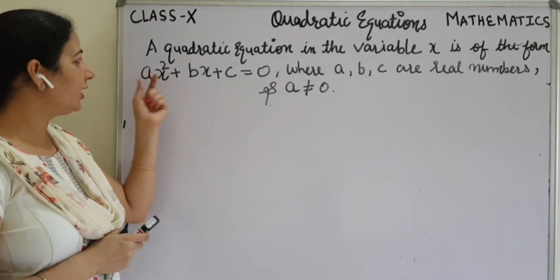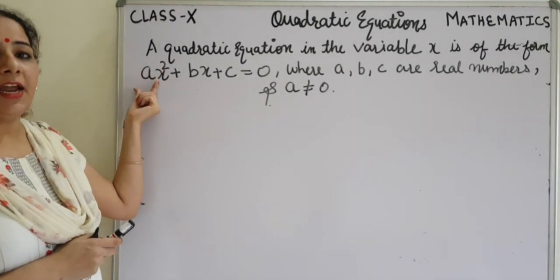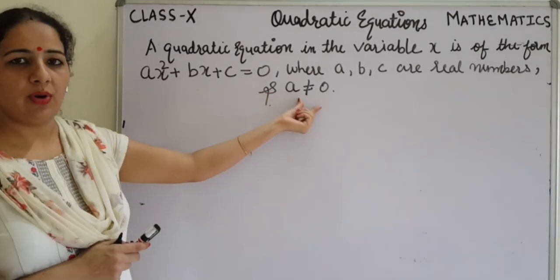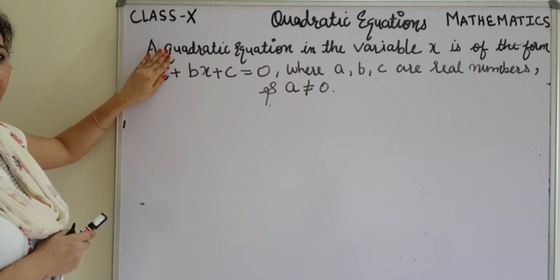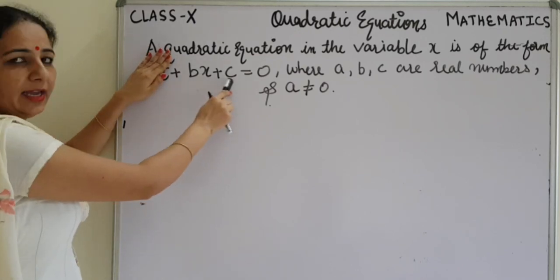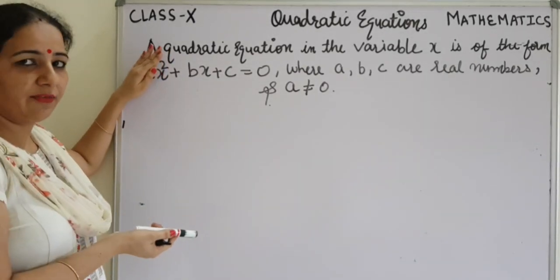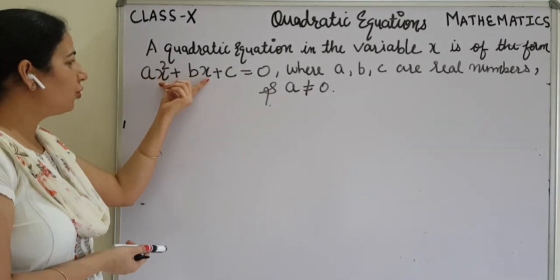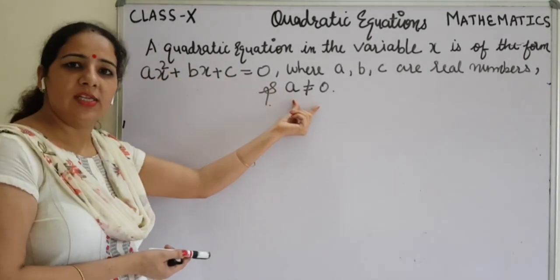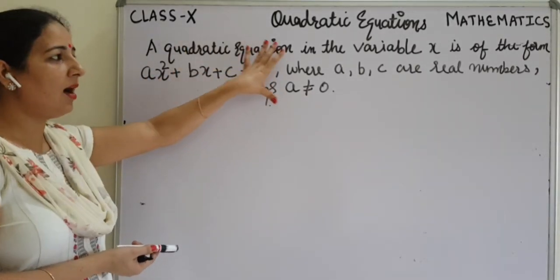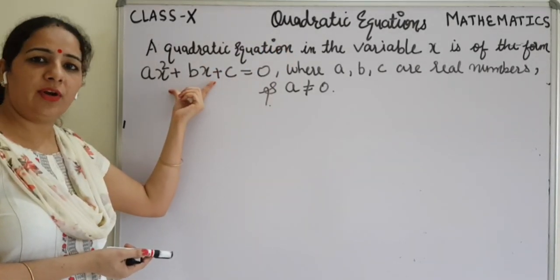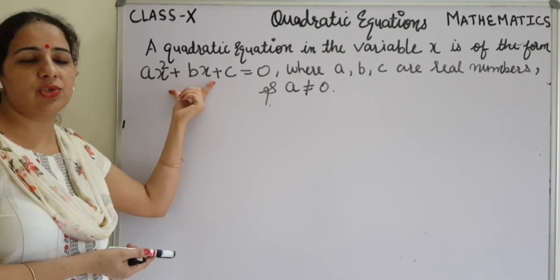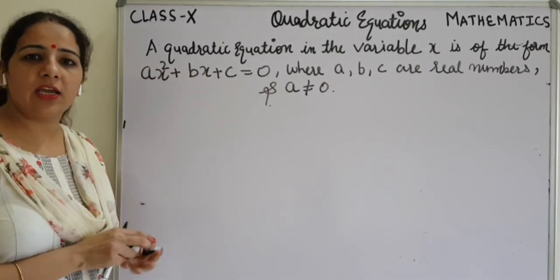But the basic condition on a is that a should not be equal to 0, because if a is 0, then this term will vanish and it will become linear. So our method will flop here. Then this is the standard form of a quadratic equation.